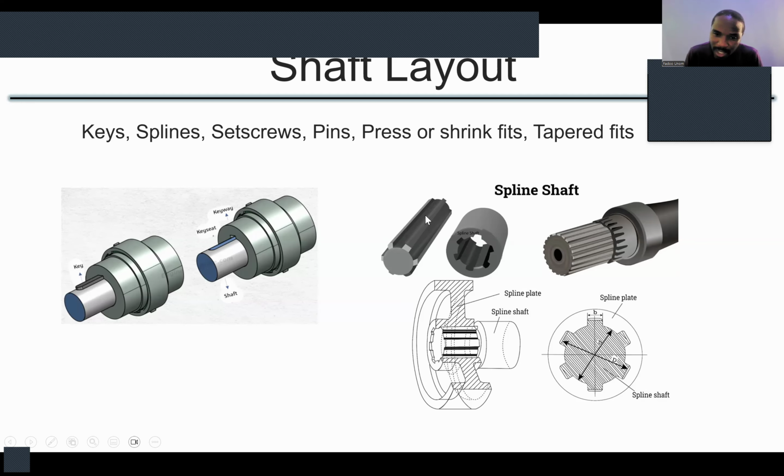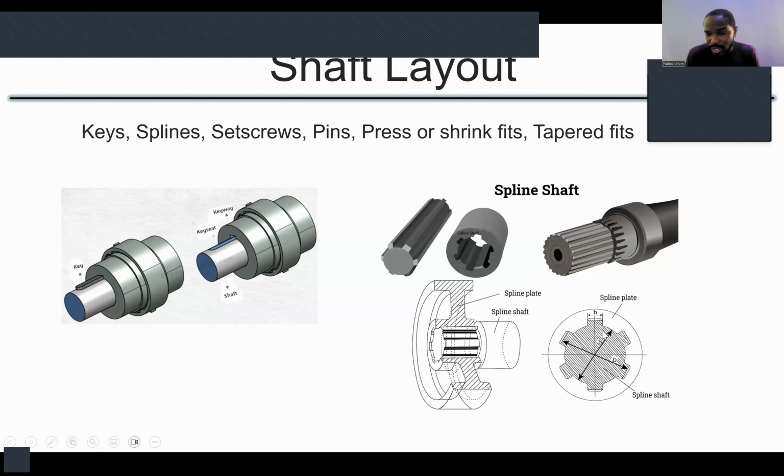When you fix this shaft into your hub, you see that the hub has 1, 2, 3, 4, 5, 6 of those grooves that have been cut out to the shape of the splines on your shaft. So they fit in exactly. They are like gear teeth. They lock in. So as you turn the shaft, whatever had those grooves on the inside will turn with the shaft. All right.